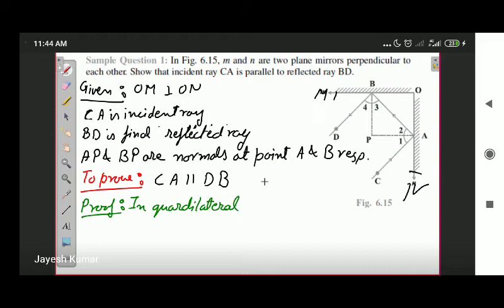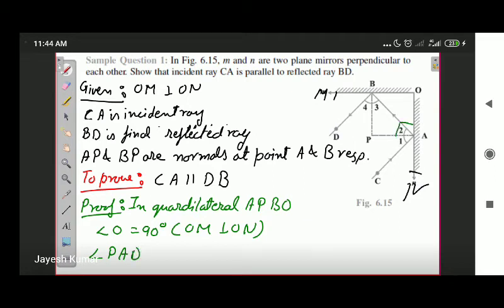In this quadrilateral, angle O is equal to 90 degrees. Why? Because OM is perpendicular to OM. Then angle PAO, that is this angle, is also 90 degrees. Why so? Because AP is normal.